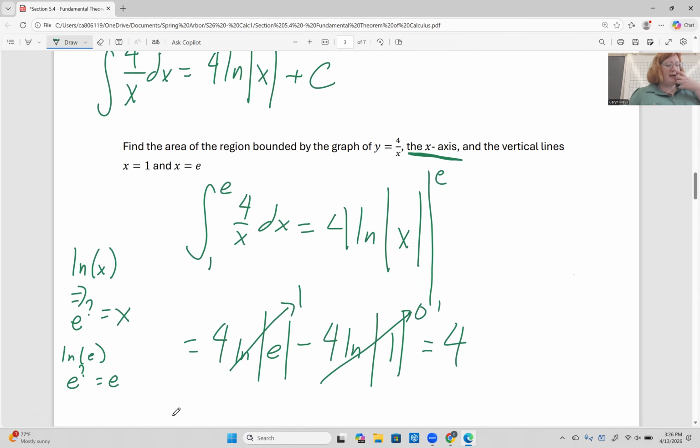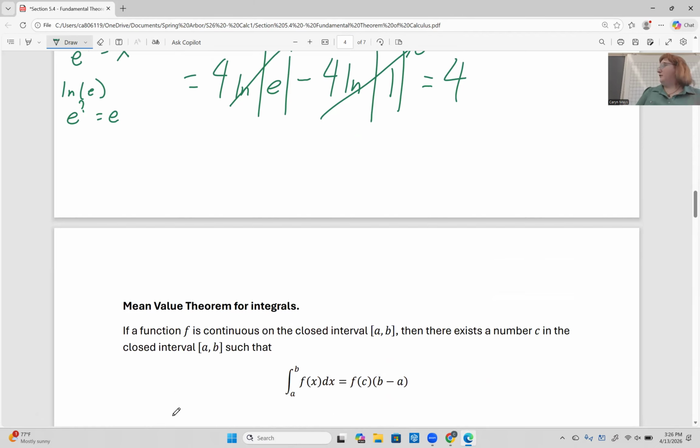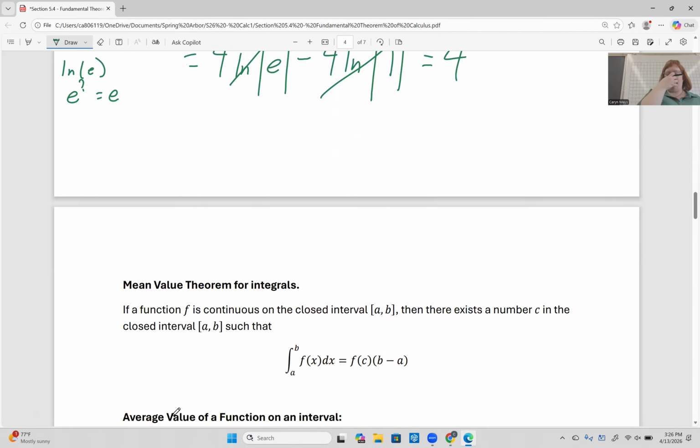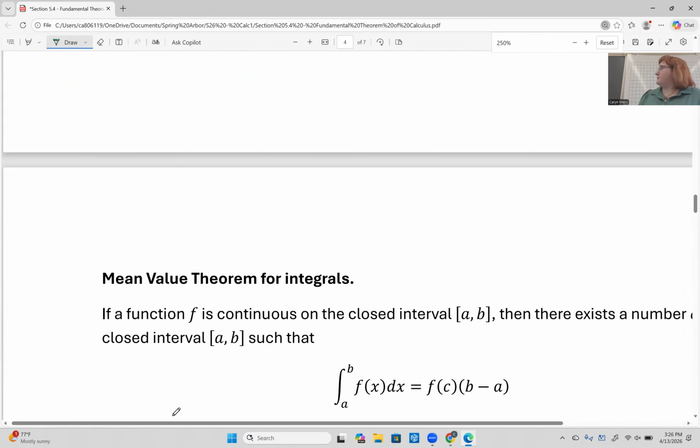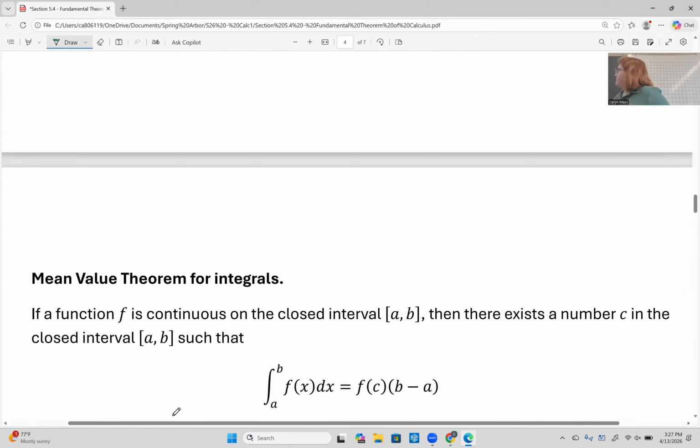From this fundamental theorem of calculus, we get a few theorems. First is the mean value theorem for integrals, which says if a function f is continuous on the closed interval a to b, then there exists a number c such that the integral is the same as f of c times b minus a.